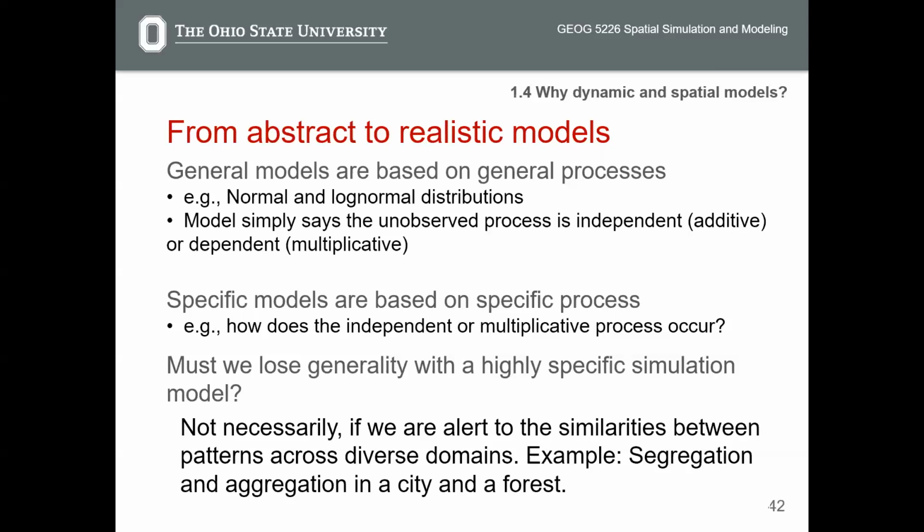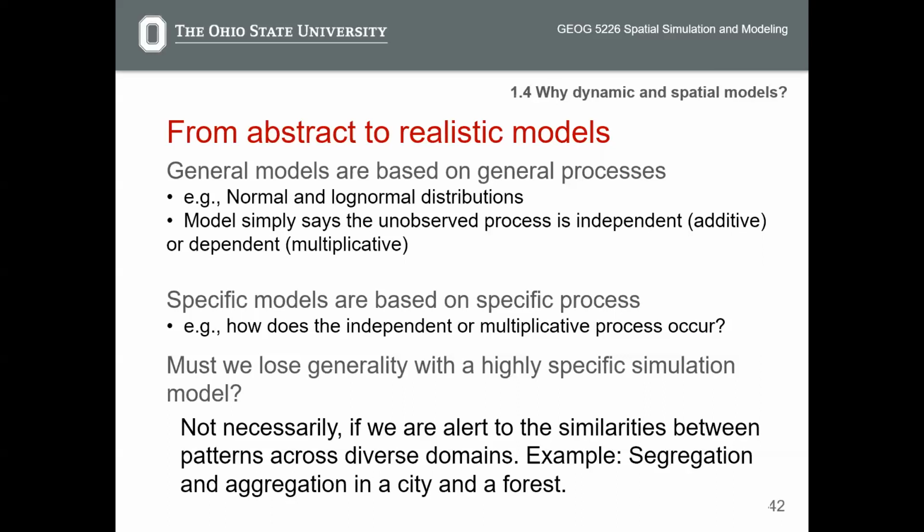So here we have a specific simulation model for a city, but this model has generality. We did not lose generality by creating a specific simulation model for a city, because as long as the pattern behind this model can be shared by another entity, by another phenomenon, for example, a forest, it can be used in other scenarios.